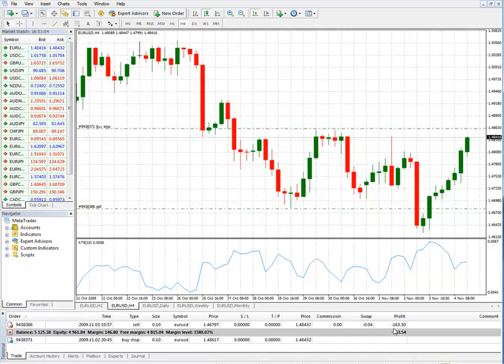Now, the $163, $165 down that we are currently out of a $5,000 account is not cause for panic because we are properly trading using risk control.